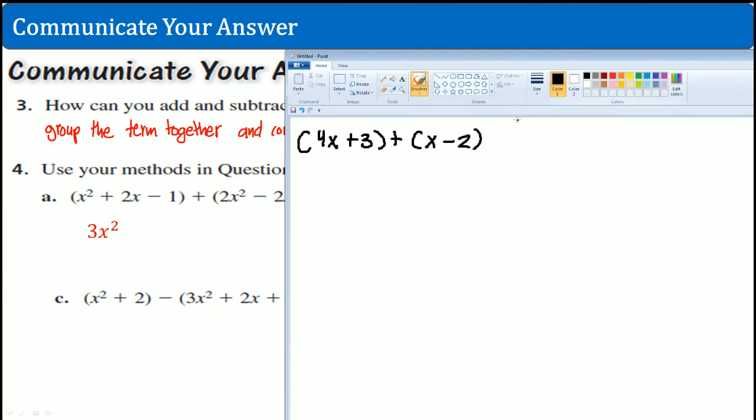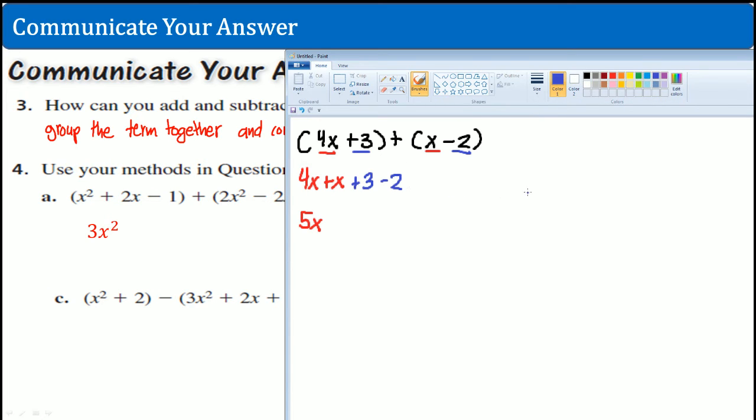All right, we had the 4x and the x, so that is the 4x plus x. Then we had the plus 3 minus 2, so plus 3 minus 2. All right. Okay. 4x plus x, that comes together to make 5x. And here you had plus 3 minus 2.